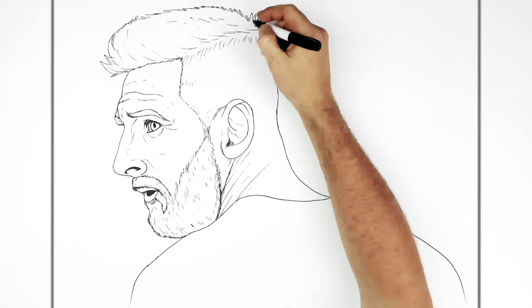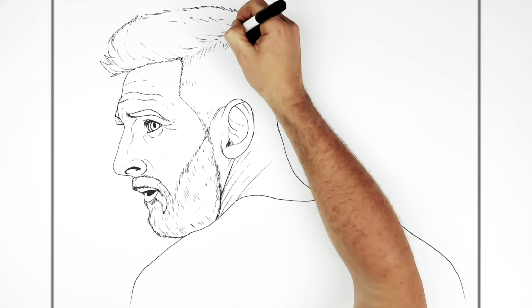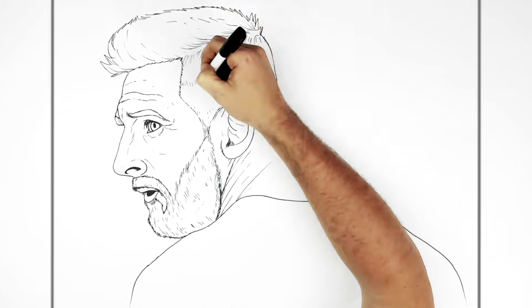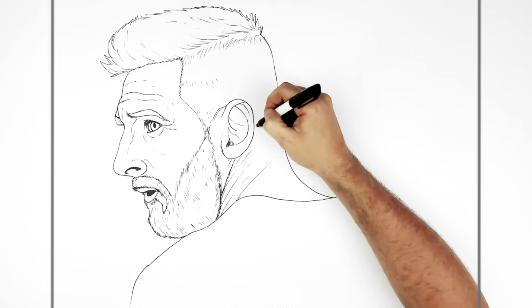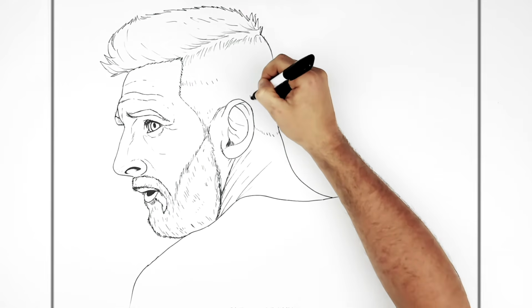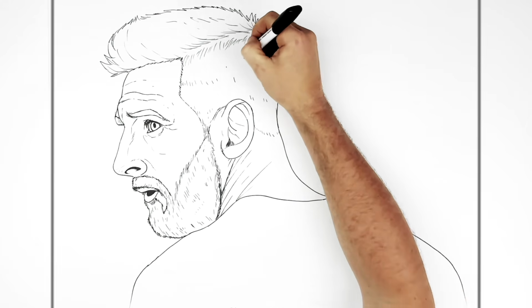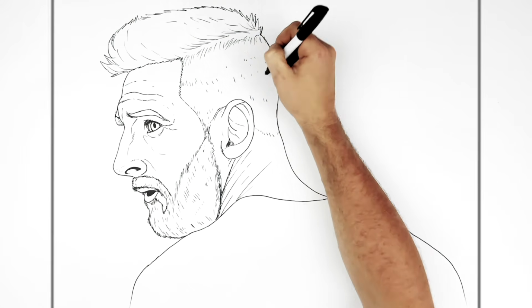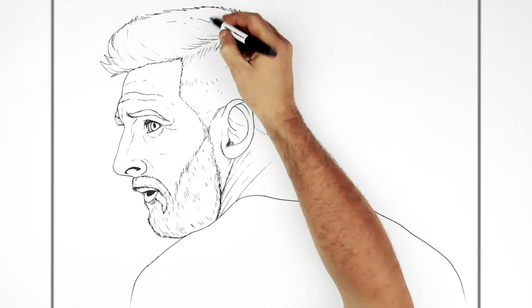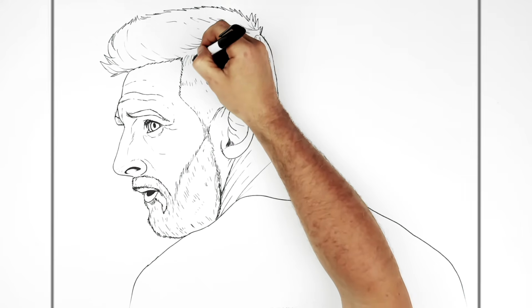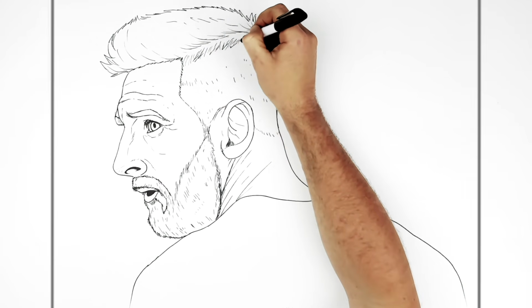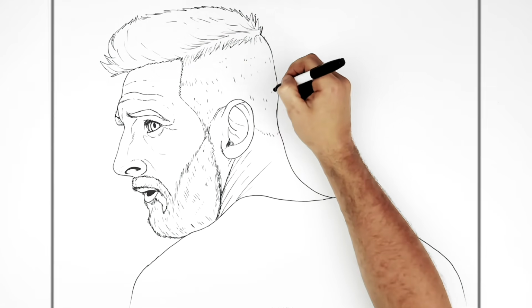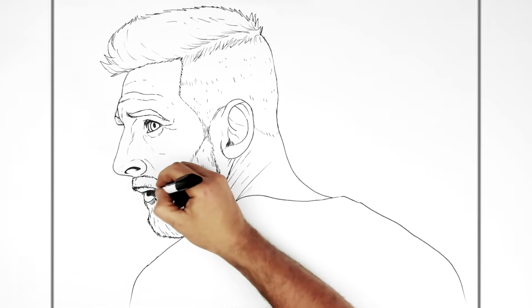And then it gradually fades down this way. So you have all this. And then the bottom of his neck would be there. So you just have this sort of texture for the shaved side of his head. And then we gradually have this fade going down there.